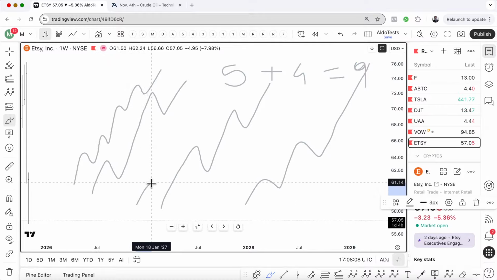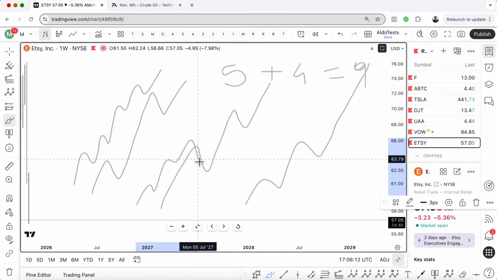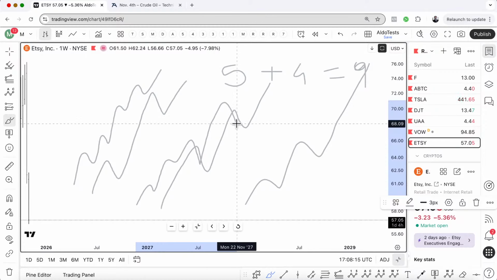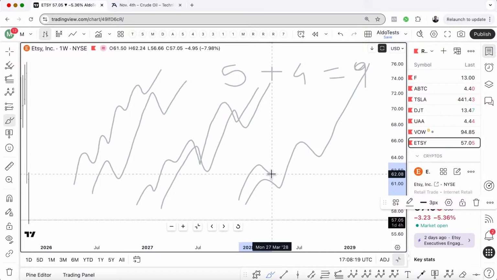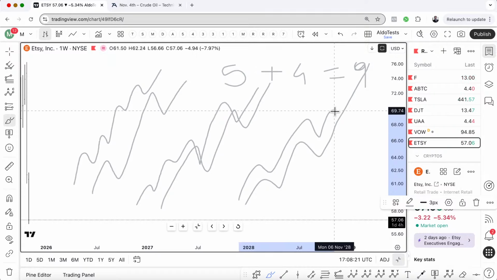So in this case, it would be 1, 2, 3, 4, 5, 6, 7, 8, 9. And in this case, it would be 1, 2, 3, 4, 5, 6, 7, 8, and 9.